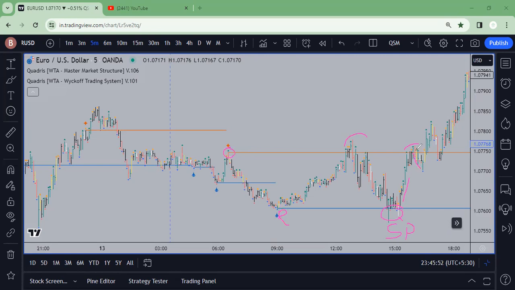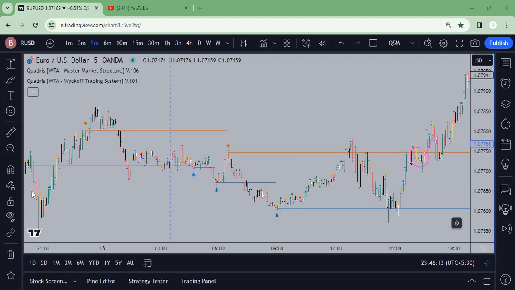This is a typical absorption kind of thing. Absorption is very difficult to identify, but given that we have the tape reading toolkit, we can assess it to some degree. Then we have a successful breakout and then plummeting action downwards.